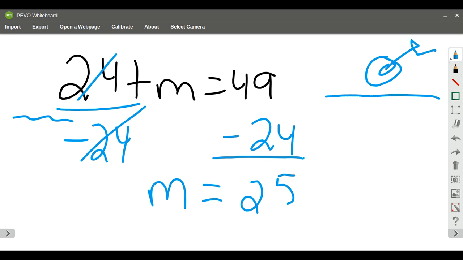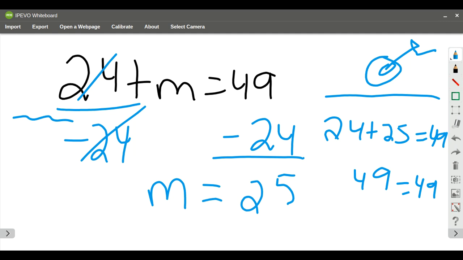So I'm going to set up my proof. And when I set up my proof, I'm going to do 24 added to 25 equals 49. Okay, so I'm going to add 24 and 25. 4 and 5 make 9. 2 and 2 make 4. 49 equals 49. Notice, the equation's balanced. Again, I'm actually not just saying 49 is equal to 49.